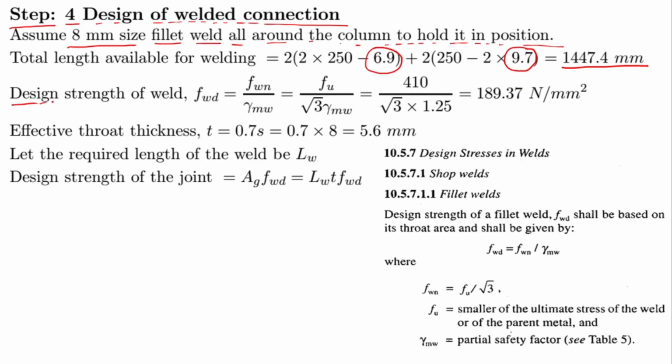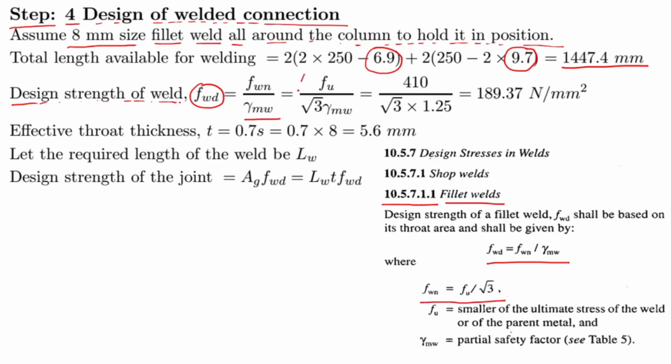Then the design strength of weld, fwd. If I follow clause number 10.5.7.1.1 for fillet welds, the design strength of fillet weld fwd is given by this expression: fwd equals fwn by gamma mw. Again fwn is replaced by fu by root 3.